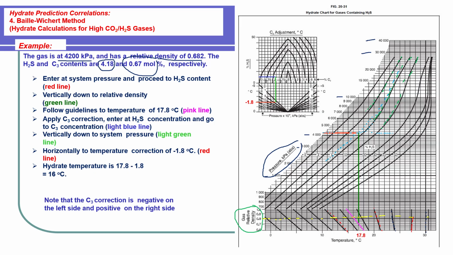I'm going to go with the green line all the way down till I hit the value of the relative density, which is approximately how much? It's 0.682. So I'm going to go down till it hits the value of 0.68, which is approximately here, you can see.